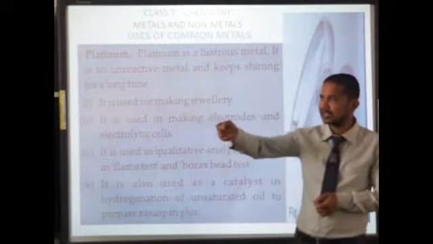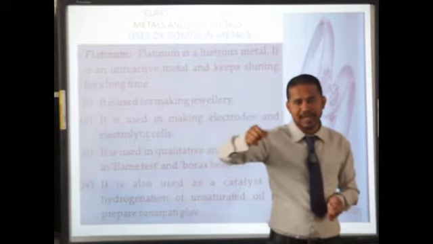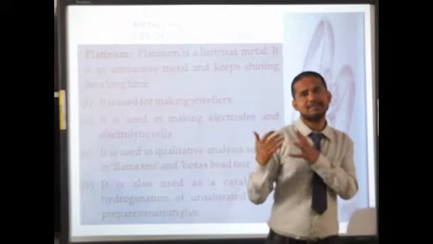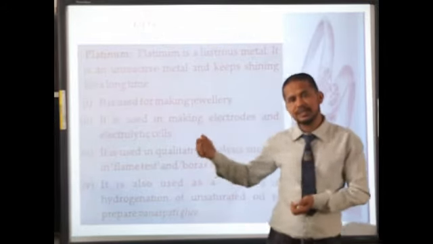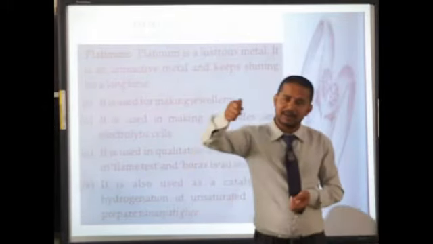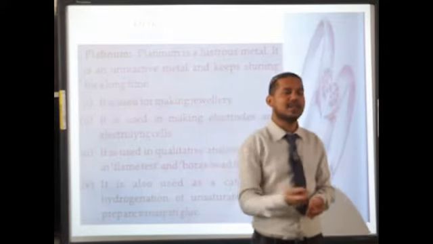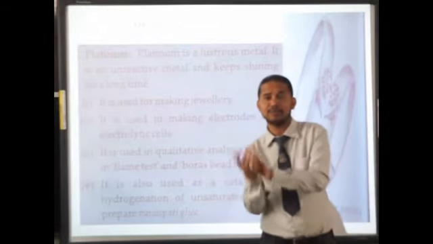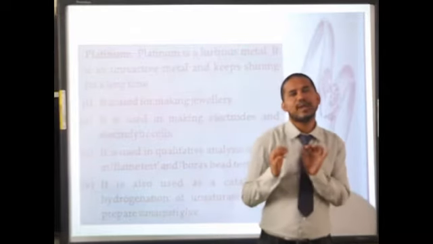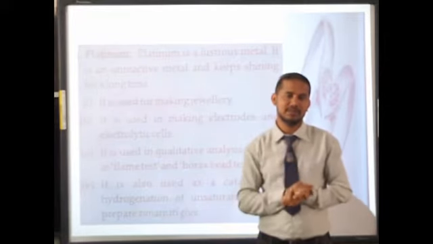Dipping this platinum wire in the particular salt and taking it to the flame, you can see different colors coming out. If you dip the platinum wire in a particular salt, take it near the flame and get a crimson color, then you can be sure that the basic radical in it is strontium.